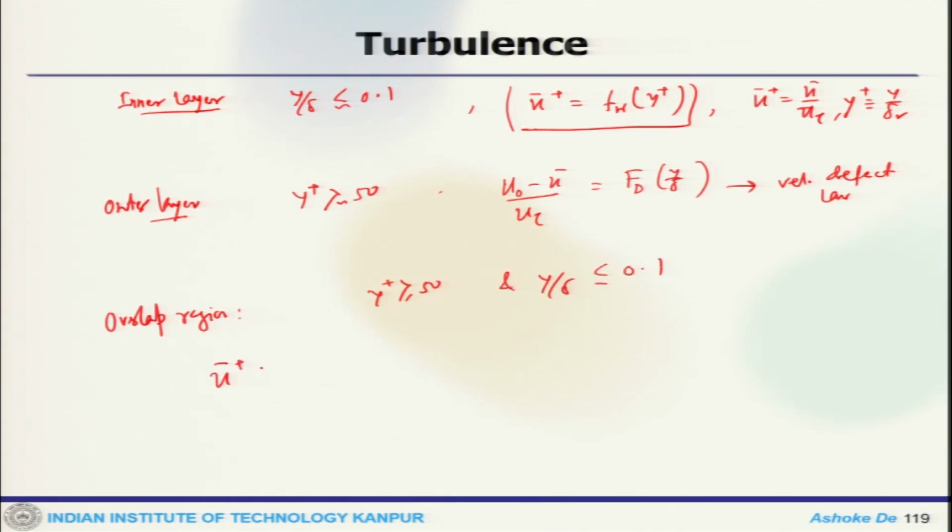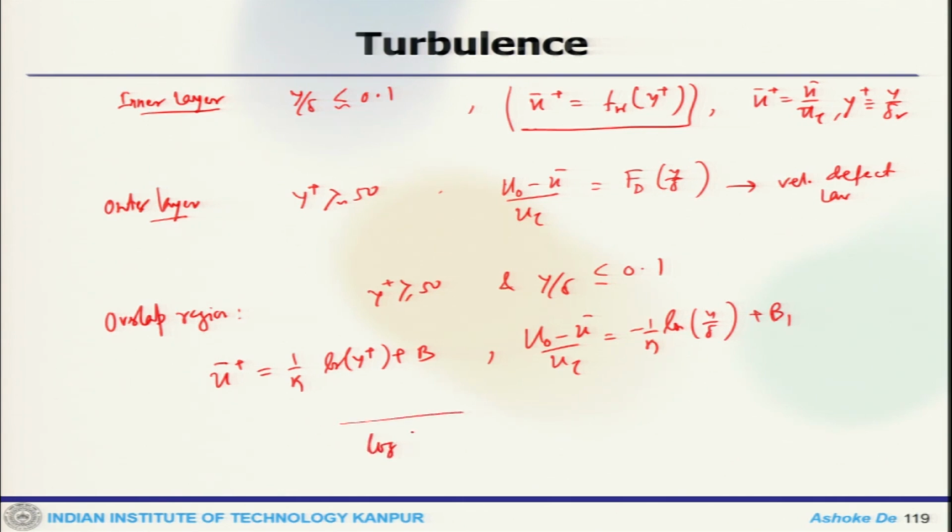We have 1 by kappa ln y plus plus b, and u naught minus u bar by u tau equals minus 1 by kappa ln of y by delta plus b1. So, this is the derivation, and one can think about the logarithmic law.